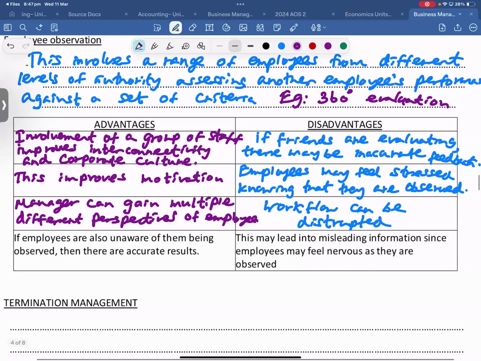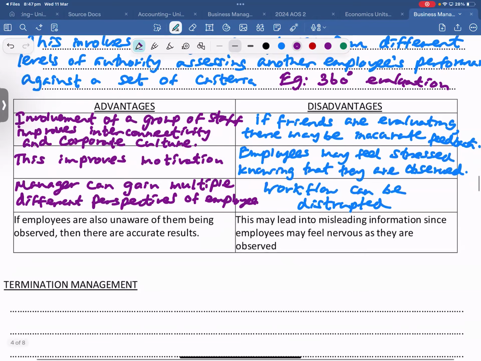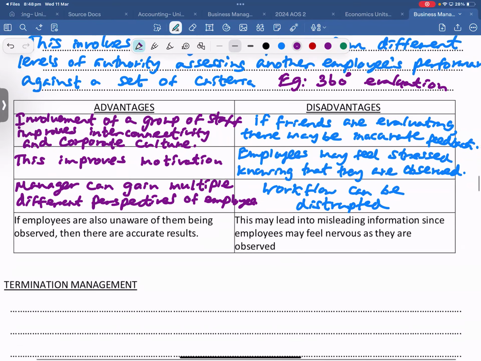Especially if we have been given notice that we are observed, then we will try to work hard. Also, if the employees are unaware that they are observed, then that will give accurate results, right?